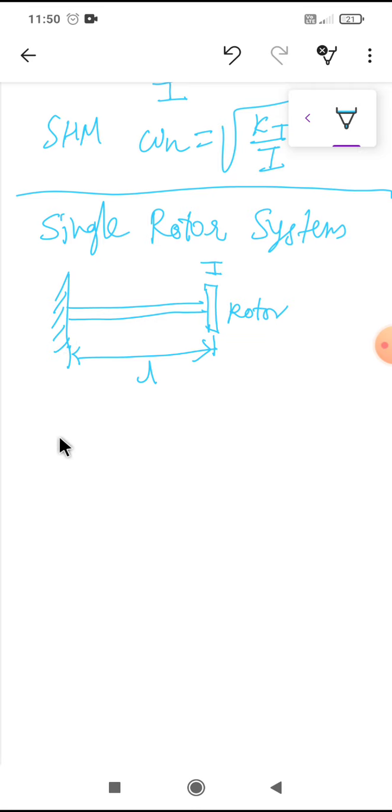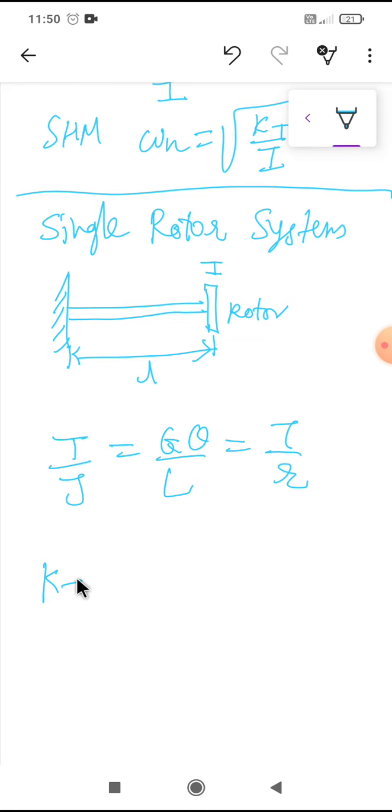Now this is the rotor which is rotating. We will use the equation T by J is equal to G theta by L is equal to tau by R to find the torsion of the rotor. As we know, what is kt? This is rotary stiffness.